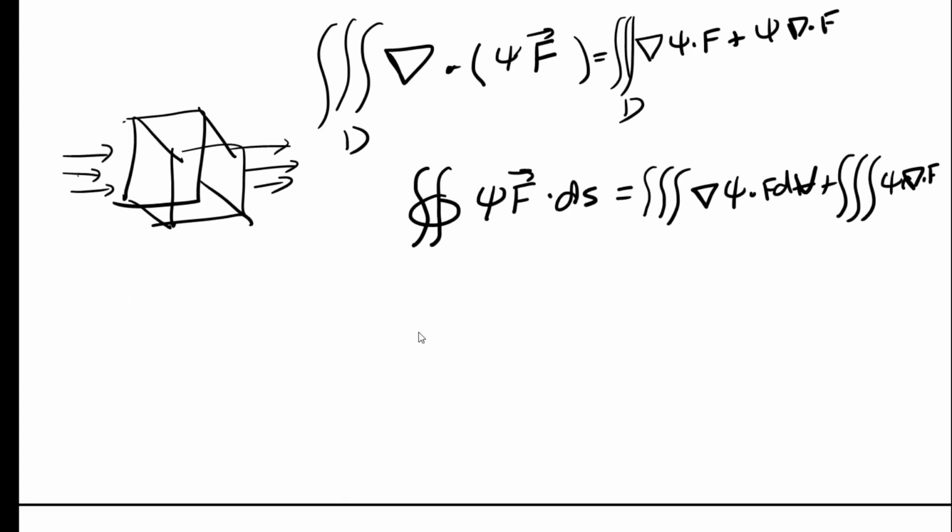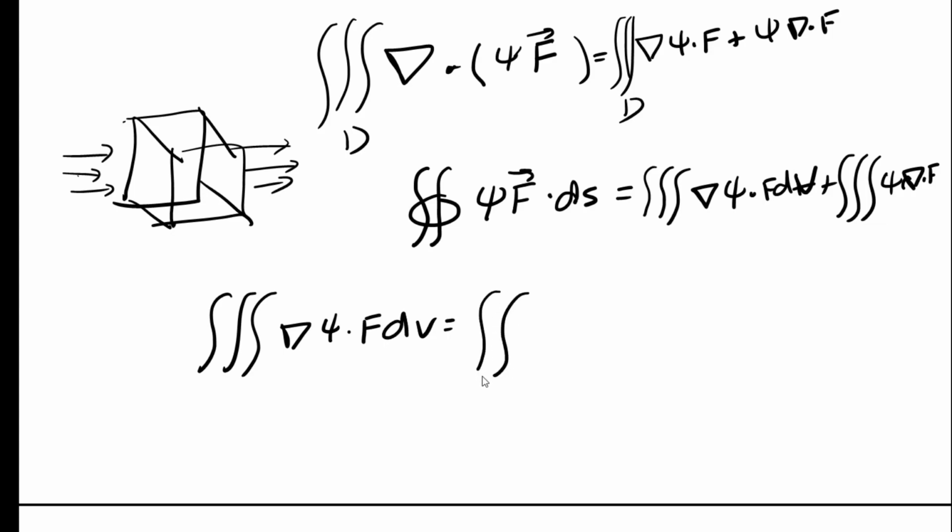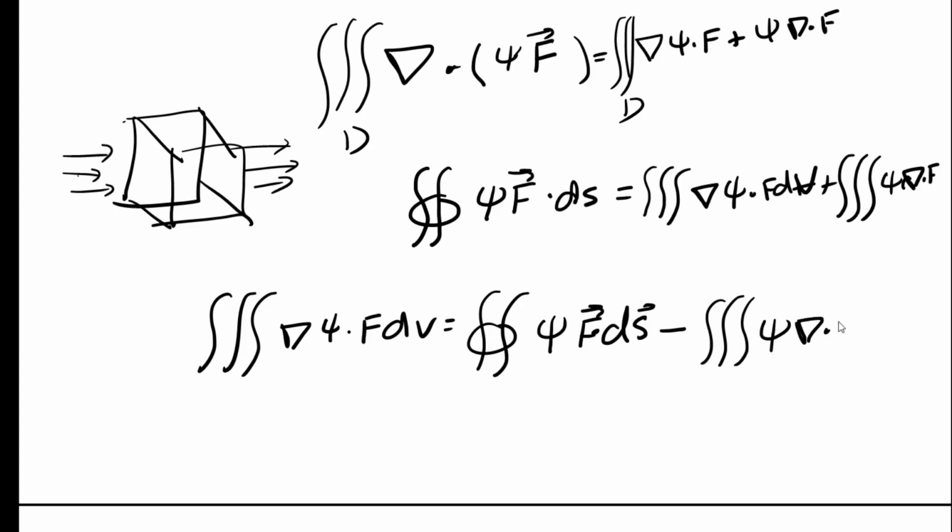So I can rewrite this, and basically it's an integration by parts formula: the triple integral of grad phi dot f dV is equal to the surface integral of phi f dot dS minus the triple integral of phi div f.